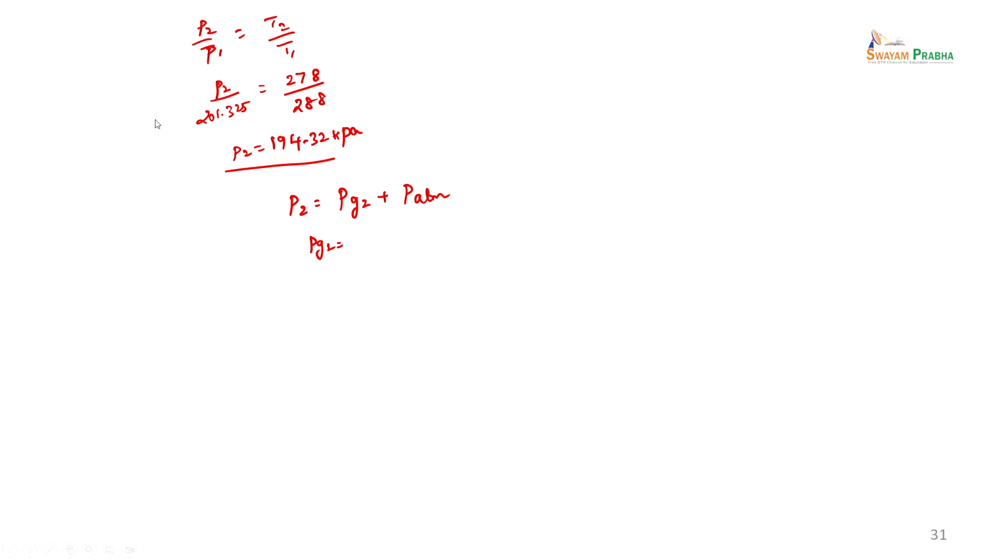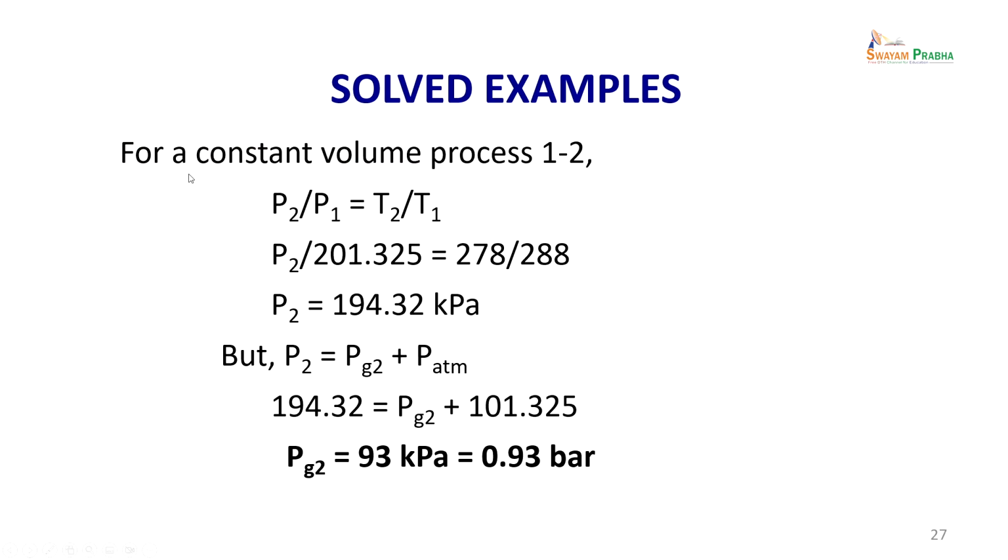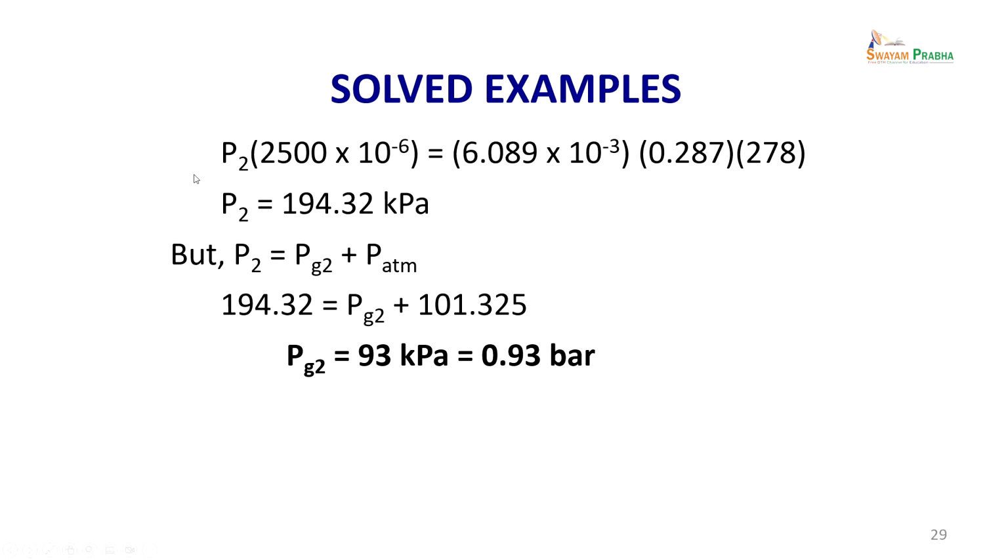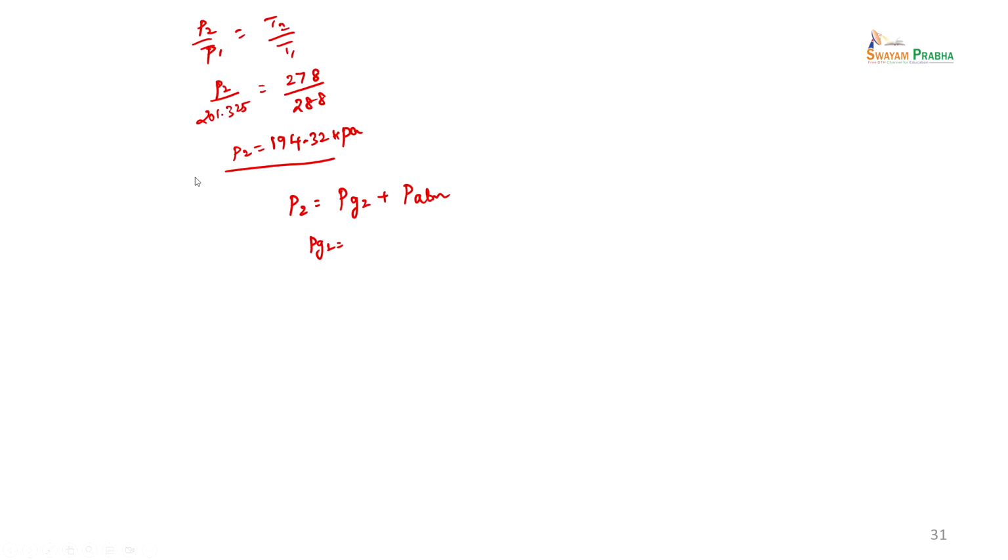Let us keep it in kilopascal itself. Now, substituting the value of P2, Pg2 is equal to P2 minus P atmospheric pressure. So, this is equal to 194.32 minus 101.325.